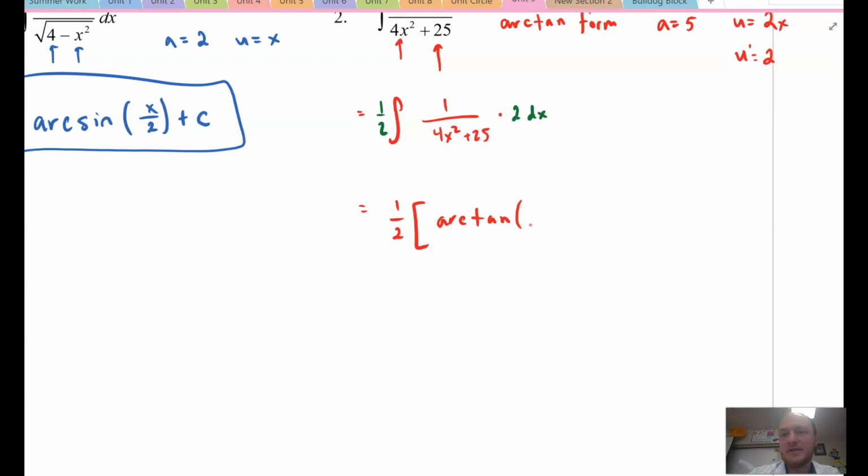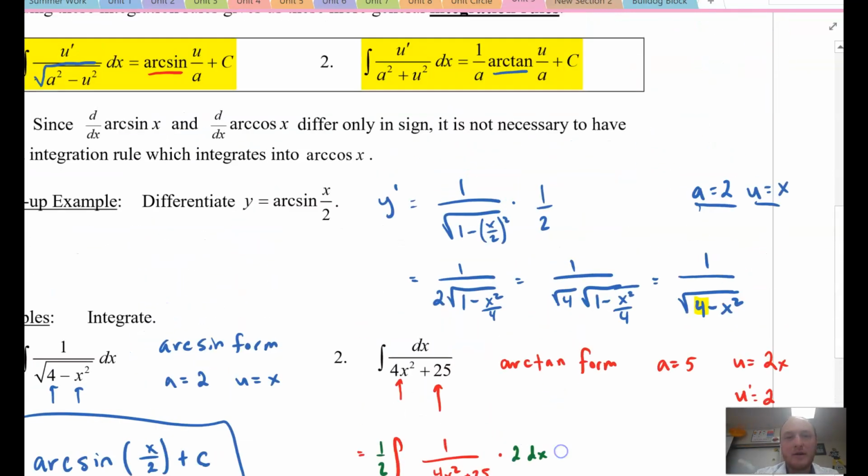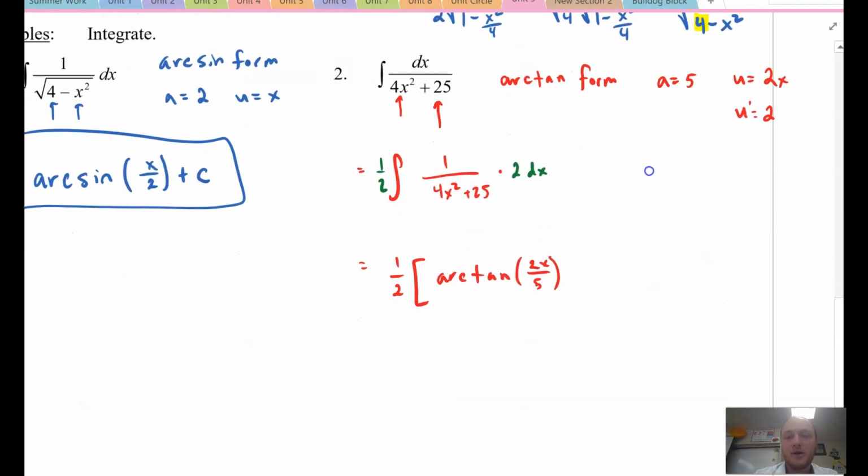So this is going to be 2x over 5. And notice with the arctan, you have to multiply, and we put it out front by 1 over a. So our 1 over a value is 5. So I'm going to put 1 over 5 right there, plus c. And there's your answer.